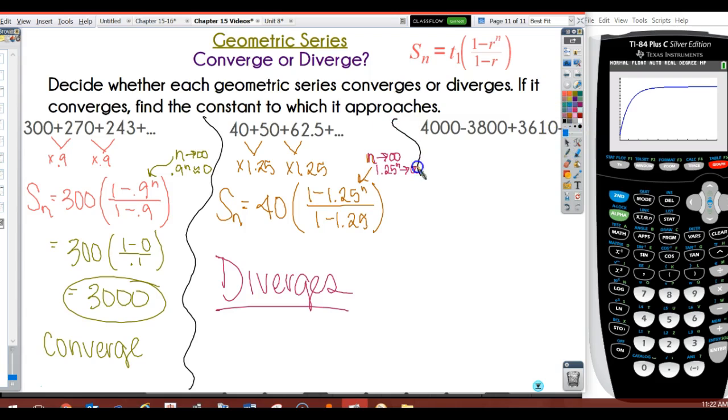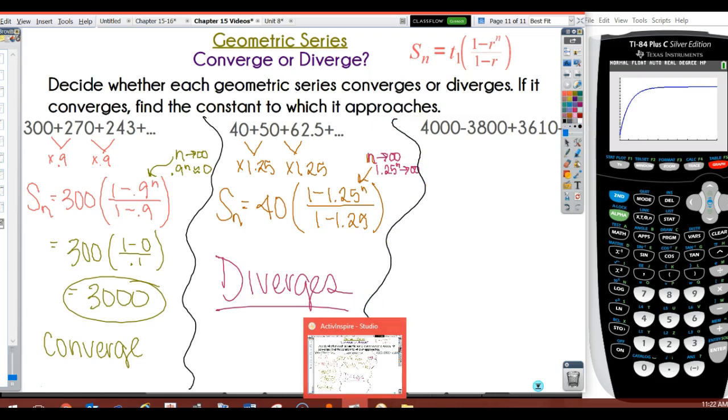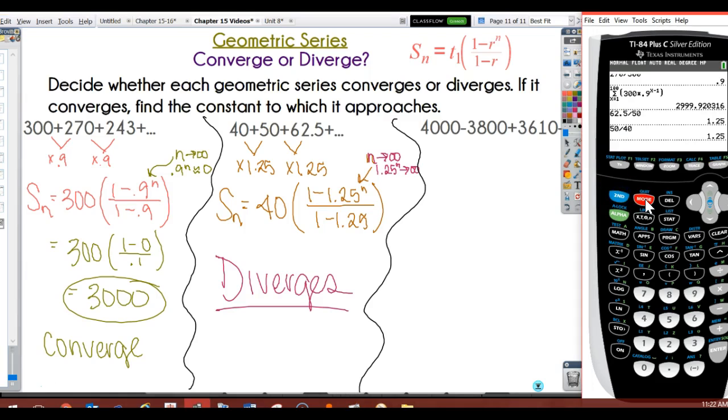So let's look at this last one. We haven't seen a ton like this, but you can see that our terms are going from positive to negative. So that tells me that my ratio is negative. So I could take 3610 divided by 3800, and I end up getting 0.95, negative. 3800 divided by 4,000, and I also get 0.95, but this time negative.